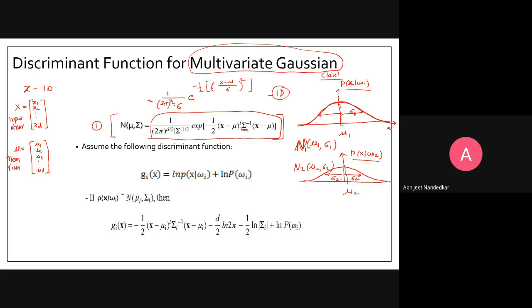So the covariance matrix stands for the relation between different features. Now how to compute that, we will take an example later on. Just for the time being, understand what these terms are. So sigma is a covariance matrix.